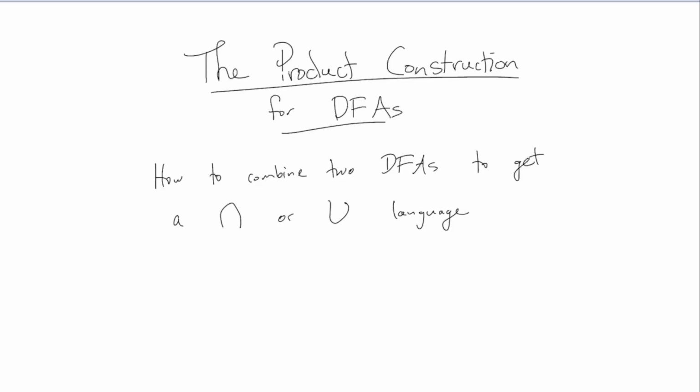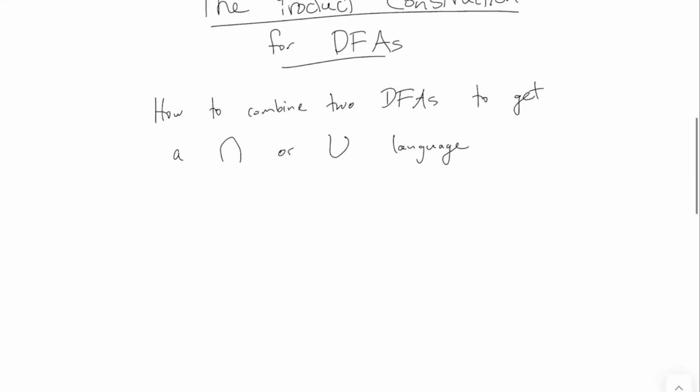So if I have a somewhat complicated language, but I can express it as an intersection or as a union of two simpler languages, then you can make two little DFAs and combine them together in some way to make a big DFA that does what you want. It's basically the same construction to do it with intersections or with unions.